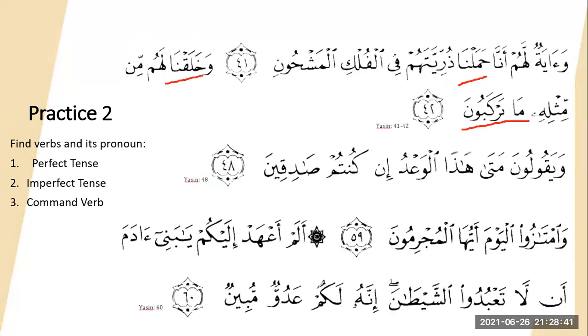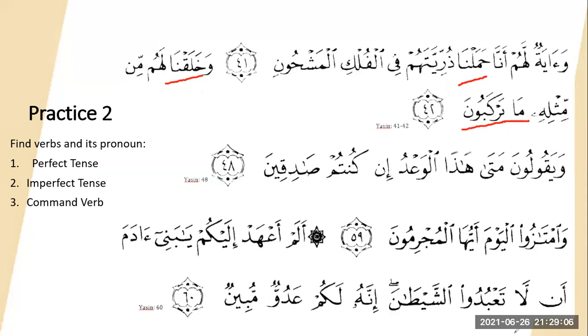Okay. Next sentence, please. Identify the verb. Anyone? Yaqulu. Yaquluna. Okay, that's it. Thank you.